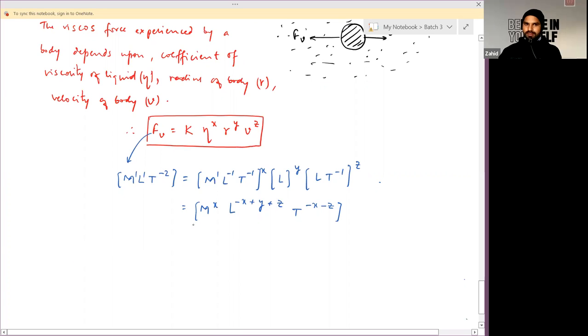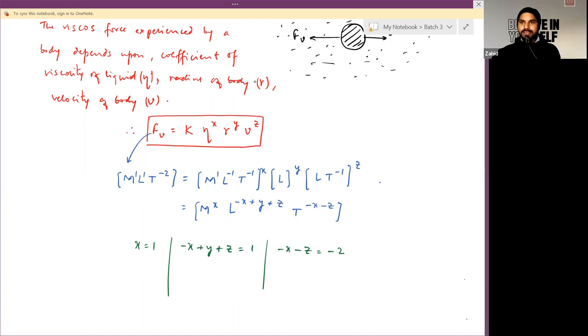Just see, on equating the exponent of the M part, we have M to the power x, so x will be equal to just 1. In the second part, we have minus x plus y plus z equals 1. And in the third part, we have minus x minus z equals minus 2.